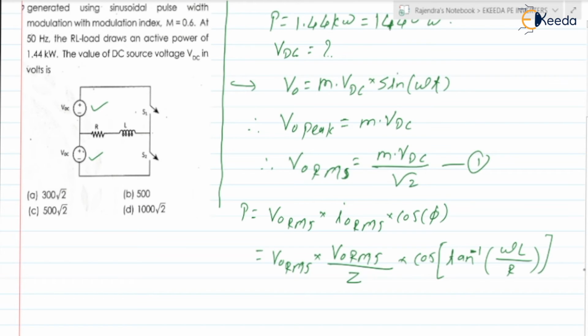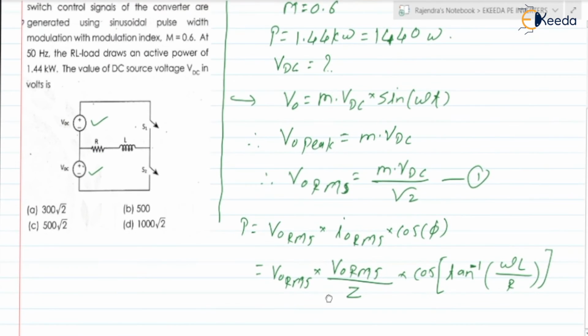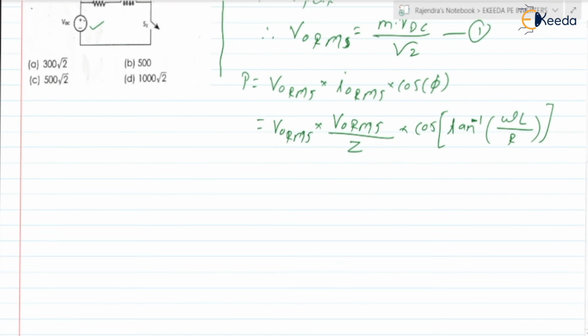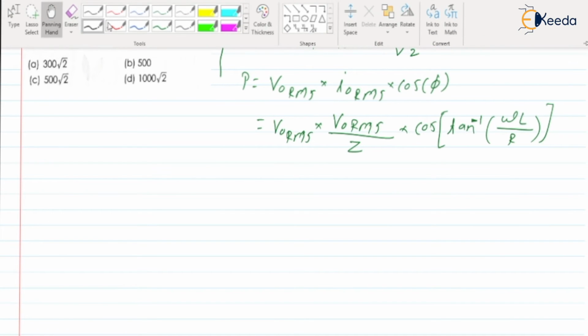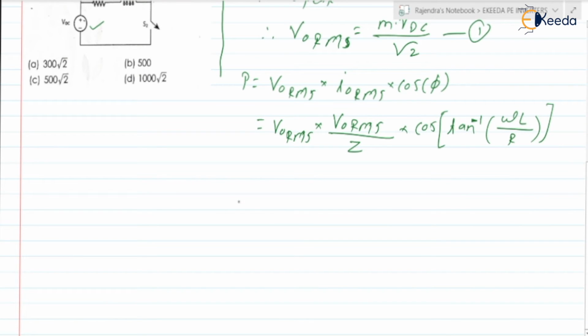So what is P? P is equal to 1440, which is equal to V0 RMS square divided by Z, because it is V0 RMS into V0 RMS.